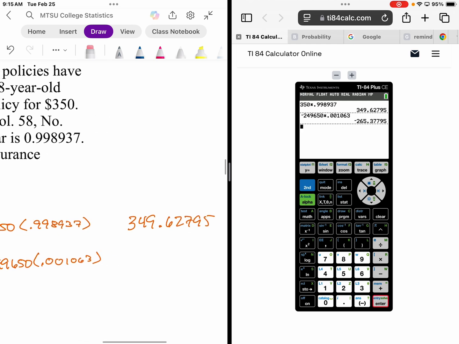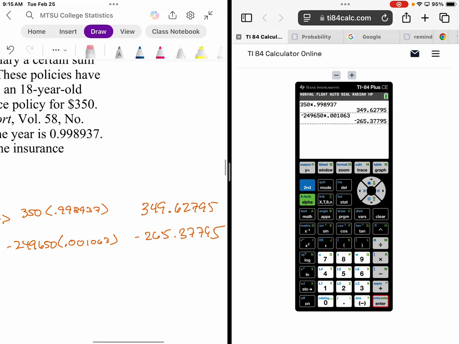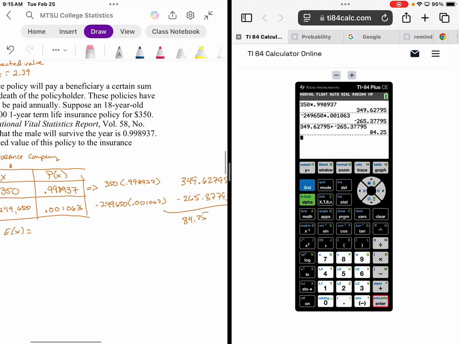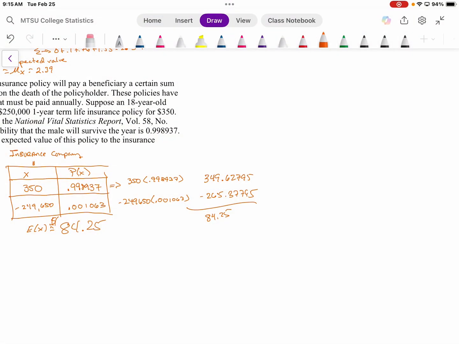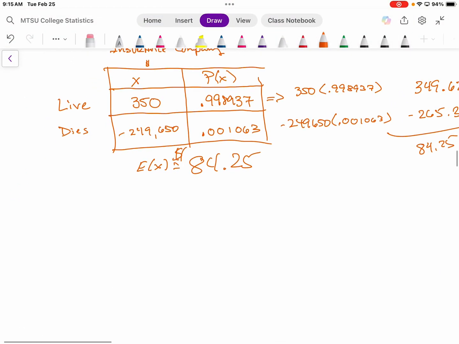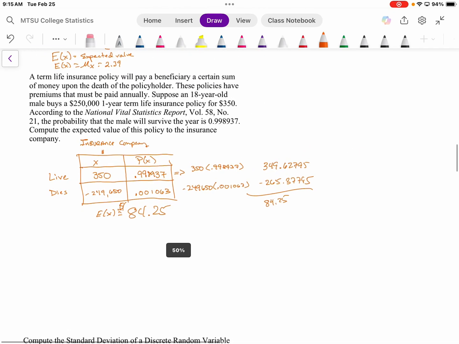Then I combine those together: first answer plus the second answer equals 84.25. So the expected value to the company is $84.25.